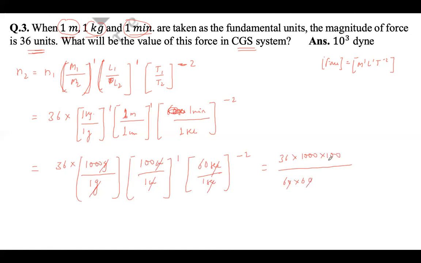These two zeros get cancelled and 6 into 6, if you cancel it, this will be 36. So this becomes 1000 dynes. N2 becomes equal to 1000 dynes.